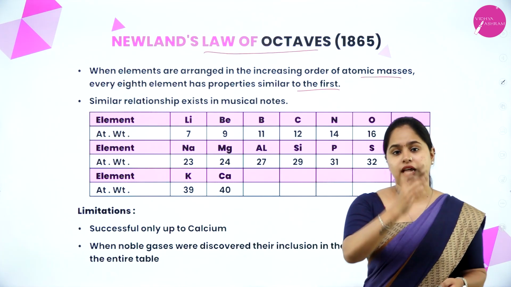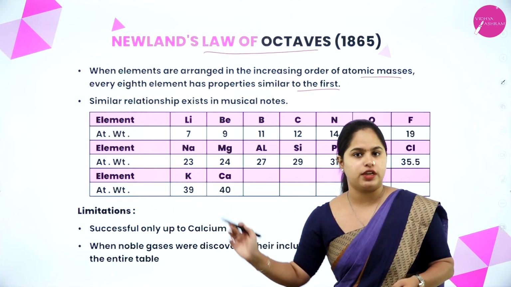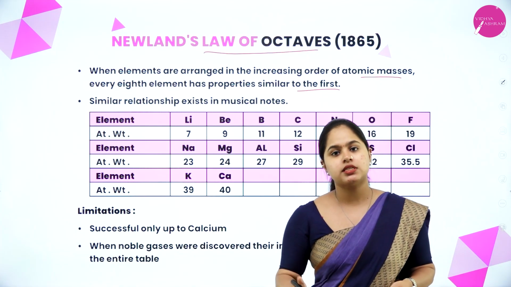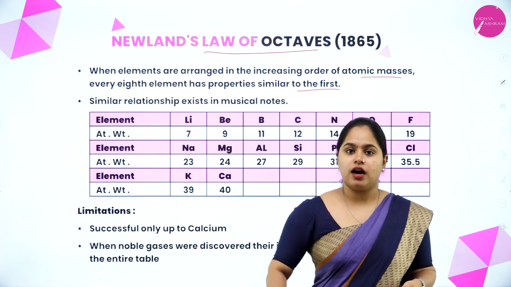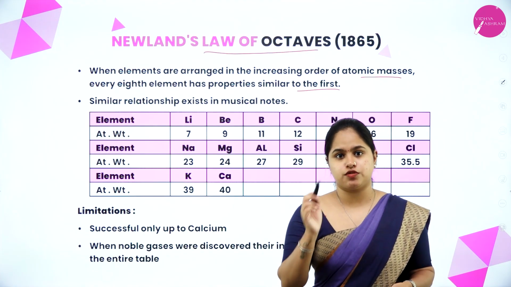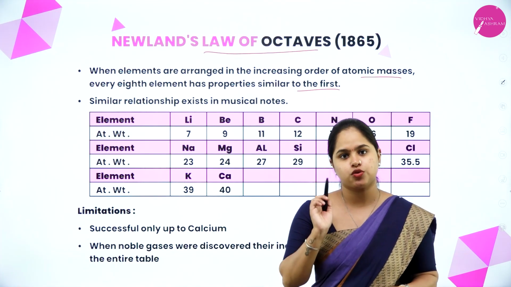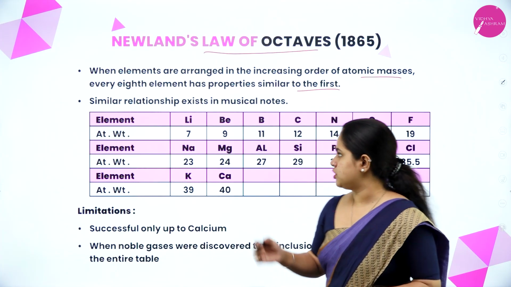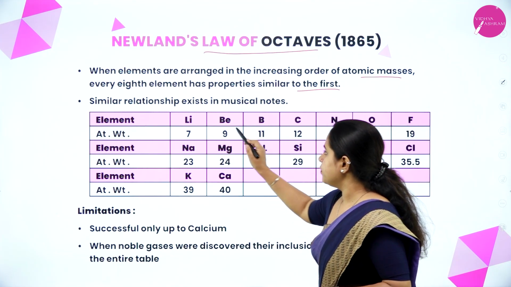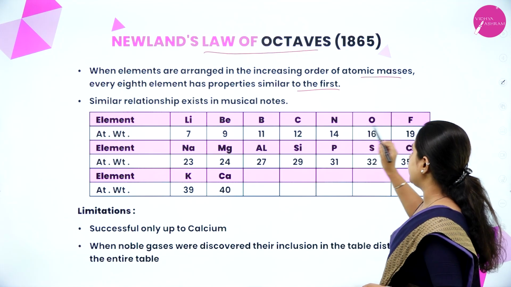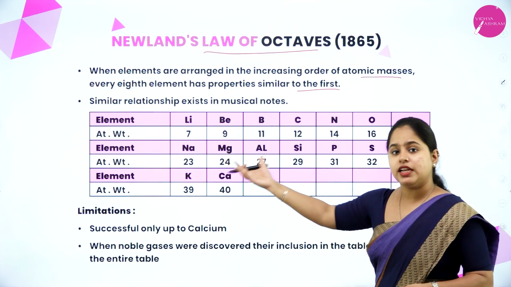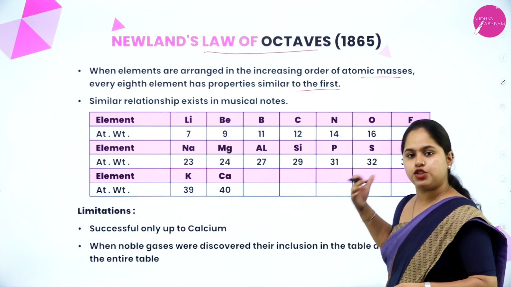In the same way, if the elements are arranged in the increasing order of their atomic masses, the first element will have properties similar to that of the 8th element. Again, the next 8th element will have properties similar to the respective first element. As you can see here: lithium, beryllium, boron, carbon, nitrogen, oxygen and fluorine. These 7 elements are in the increasing order of their atomic masses.